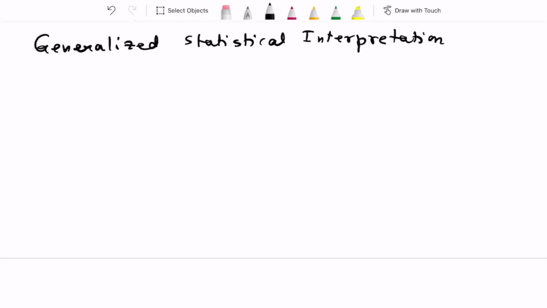All right, so I'm pretty closely following Griffiths here, though my notation is slightly different, but it's more or less what Griffiths has.